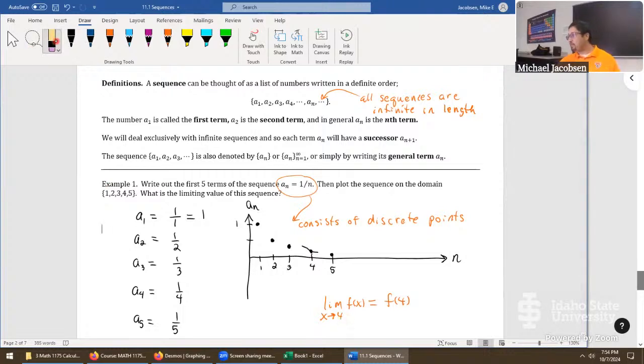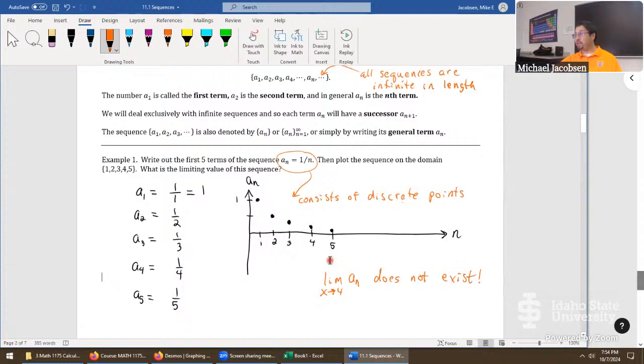If it's an isolated point right at 4, then this limit, as x goes to 4 of a_n, does not exist. So there's no continuity here, and that means the limit as we head to a specific point never ever exists. That's kind of weird.